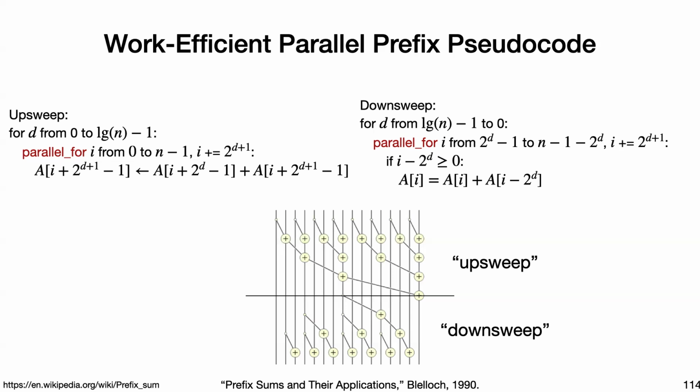Okay, so let's count up the work on the upsweep. So there are log n iterations on the outside. And the first one, so when d is equal to 0, which is this layer, how many additions are happening?